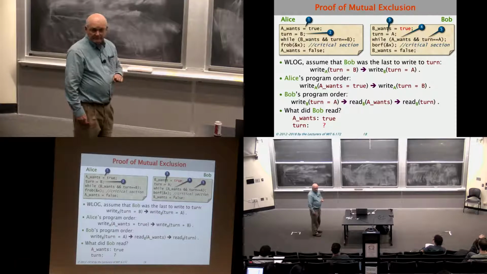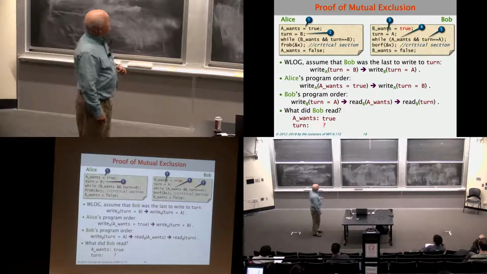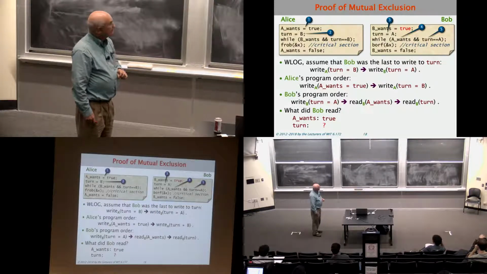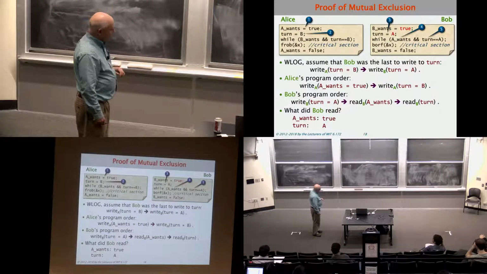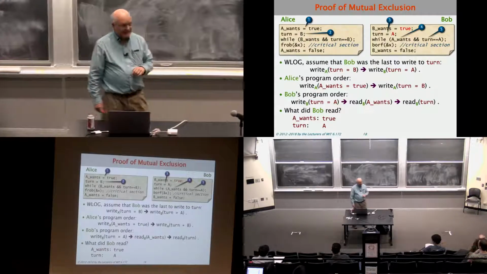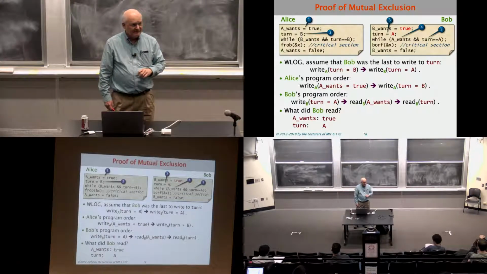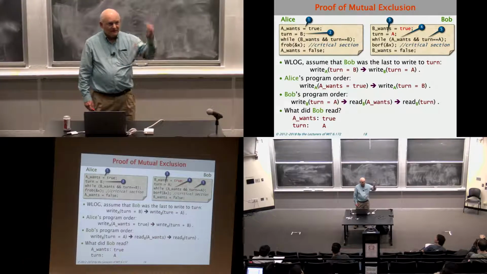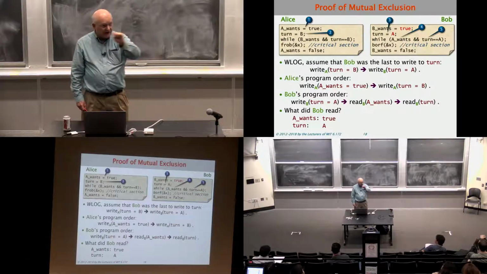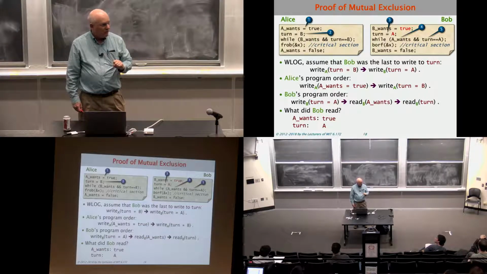And then Bob read turn. And what was the most recent value stored to turn in that chain? So then what? If that were in fact what Bob read in the while loop line, what should be happening now?